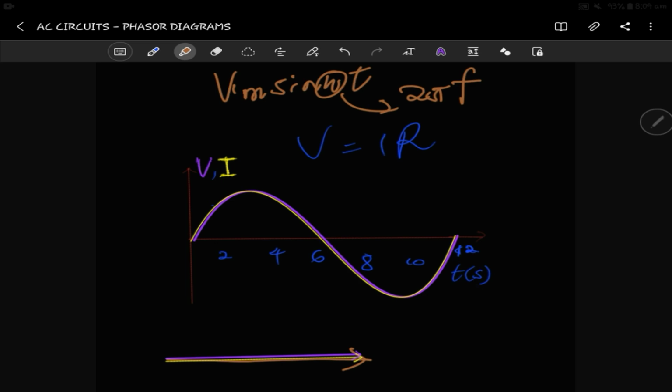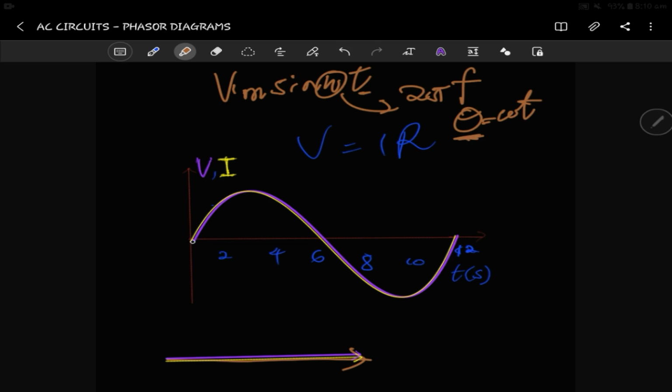So if we have time here, we either write it in time or you write it in theta, where theta is ωt, which is also a function of time. So if you don't see time and see theta, it's the same thing.